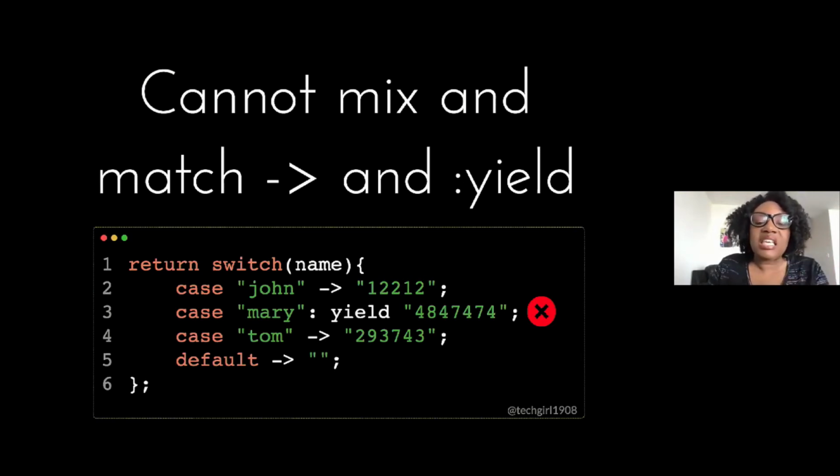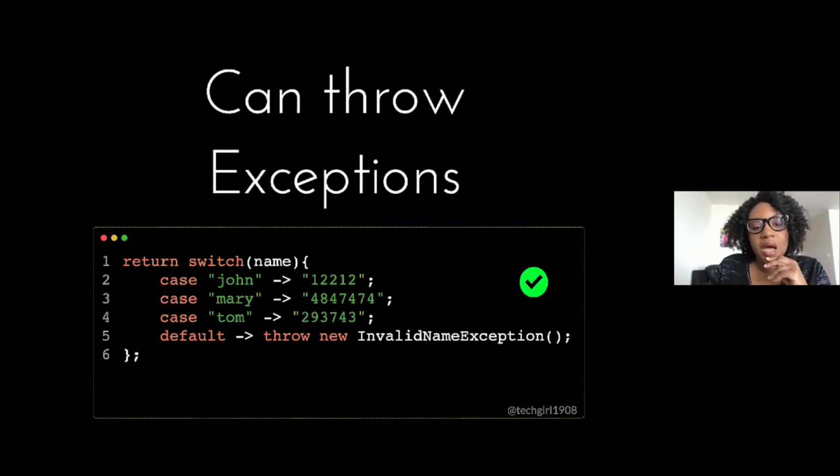You can use the yield with the arrows, but only in cases like the last case where you're using the curly braces to execute multiple statements. So in that case, I would have the arrow for John, and then I could do the colon, but I need the curly brace and then the rest of the stuff, okay? All right.